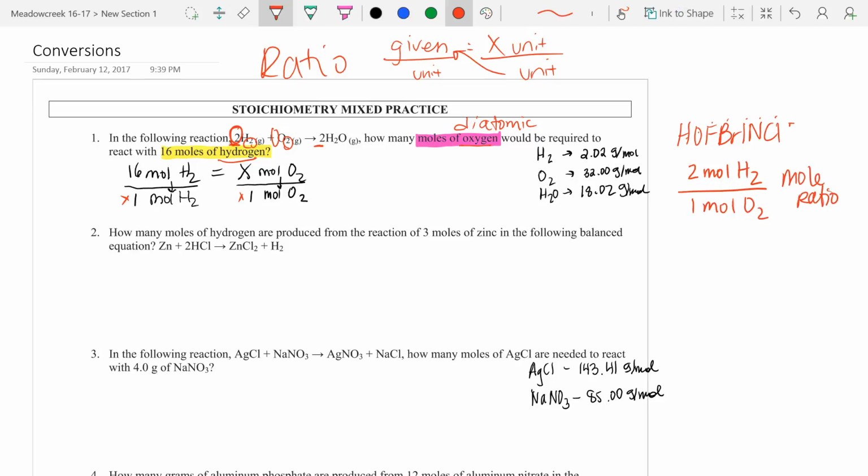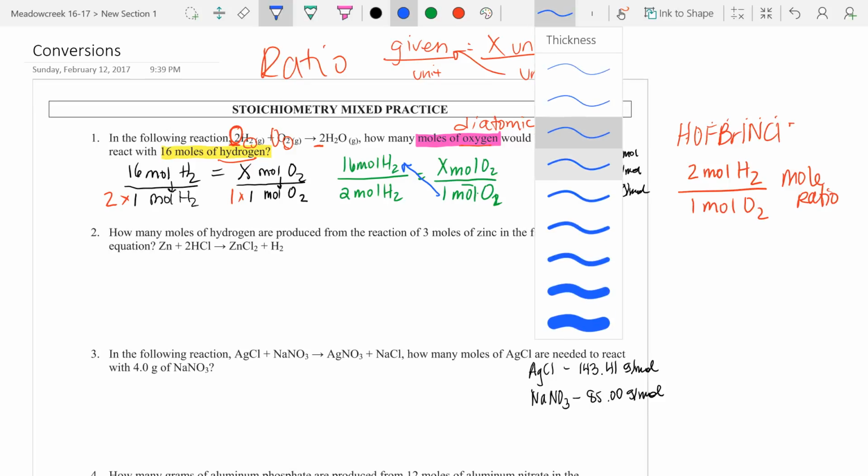So I multiply my hydrogen by 2 and I multiply my oxygen by 1. Now when we reduce or simplify this, we're going to have 16 moles of hydrogen over 2 moles of hydrogen, and we're going to set that equal to X moles of oxygen over 1 mole of oxygen. Now in order to solve for X, we are going to multiply across and then divide.